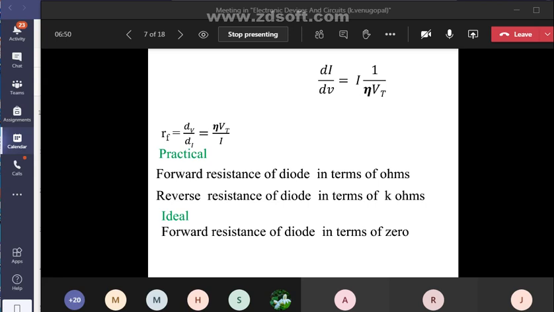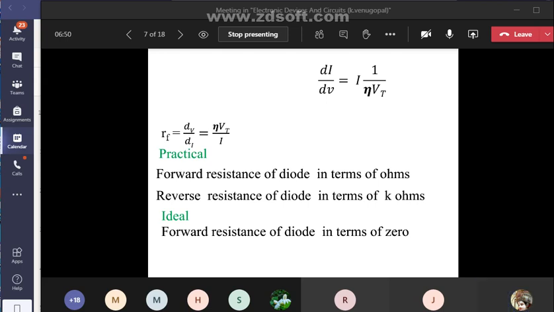The forward dynamic resistance or AC resistance. AC values are represented with small letters, so we write small rf. So rf equal to eta Vt by I, where eta is constant, Vt is thermal voltage, and I is the diode current.